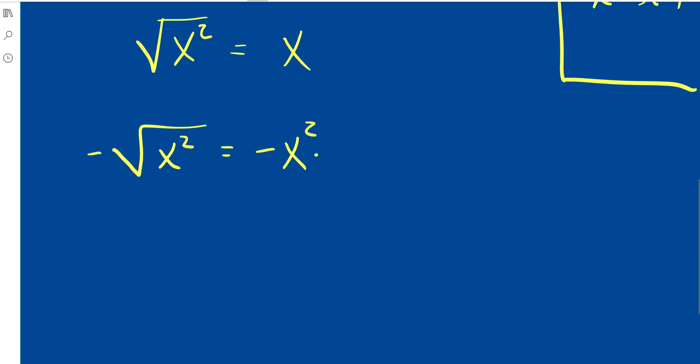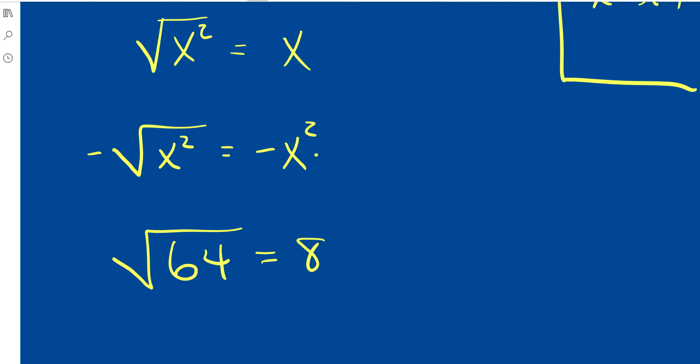In Example 1, they give us something like: what is the positive square root of 64? It is 8, because 8 is the positive number with the property that 8 squared equals 64. So the square root of 64 equals 8.